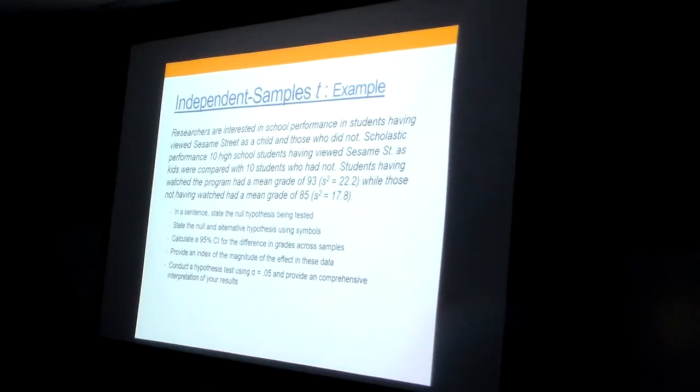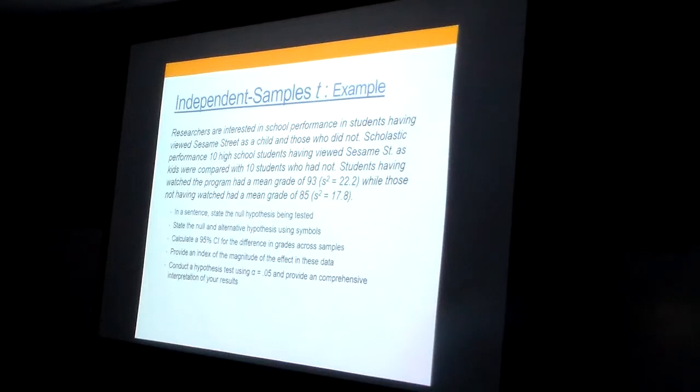Now what do I need to do? Now what do we need to calculate? Standard error, right? And here, remember our standard error for our independent samples groups is going to be the square root of our pooled variance over N1 plus our pooled variance over N2.